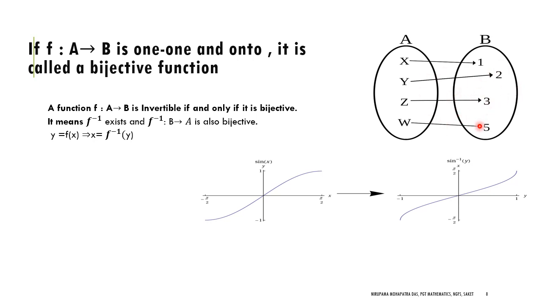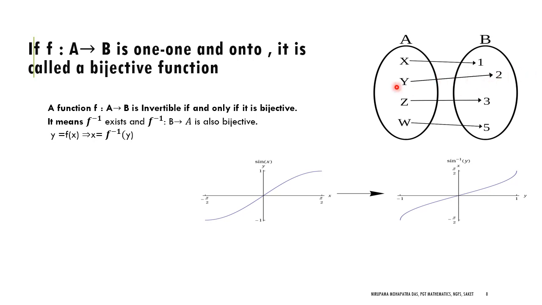So the function is 1-1, right? And it is onto because every element of this codomain we have used, you see, 1, 2, 3, 5, right? So from this part you can observe one thing: when the function is bijective, there should be an equal number of elements in the domain and codomain.